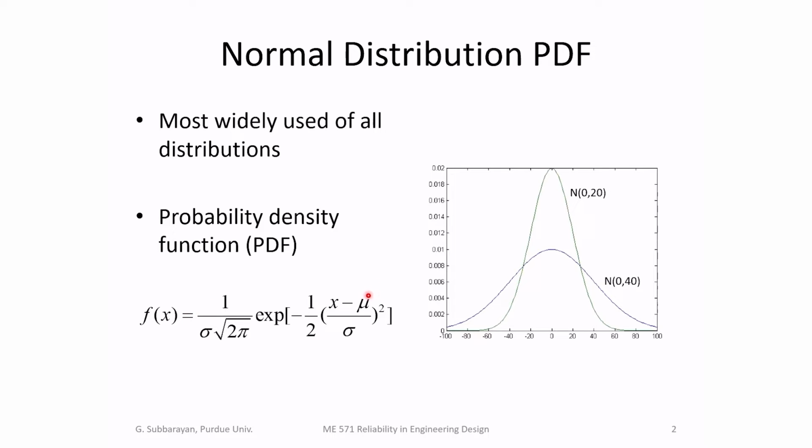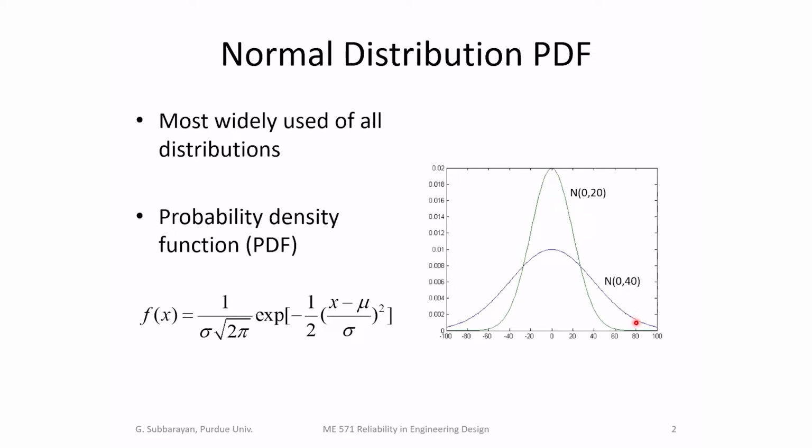And if you notice here, this PDF is defined in terms of two parameters, mu and sigma. If you change mu and sigma, the shape of the PDF curve that you get will change, and therefore normal distribution is a two-parameter distribution. It depends on mu and sigma. Mu is the mean value, and sigma is the standard deviation of a normal distribution. And here is one normal distribution with a mean value of 0 and a standard deviation of 20, and the same normal distribution with a mean value of 0 but a standard deviation of 40.